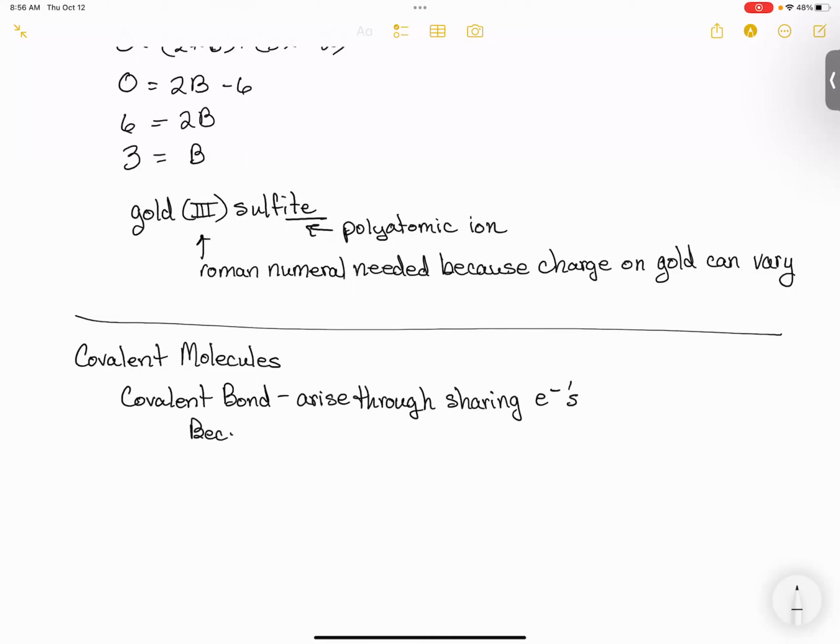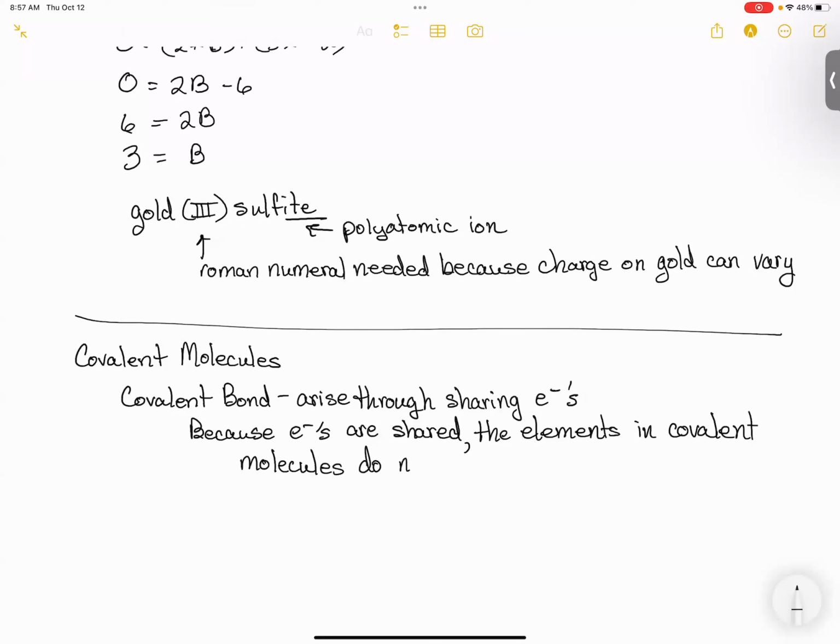Because electrons are shared, the elements in covalent molecules do not have a charge.